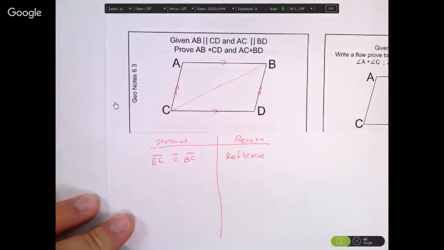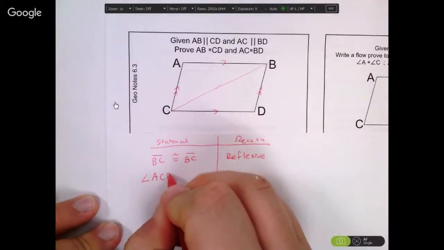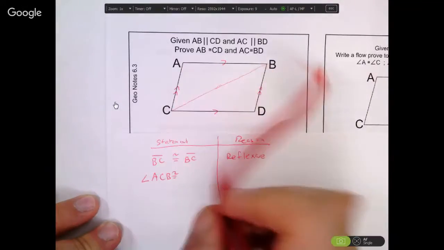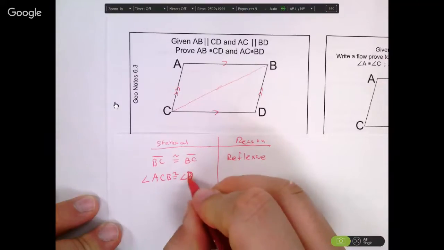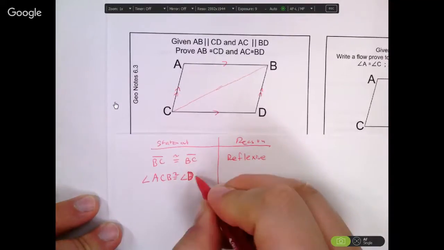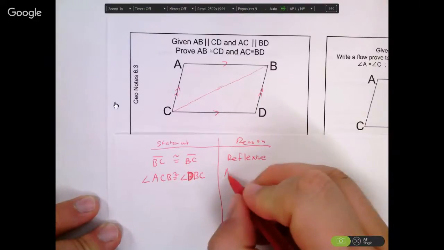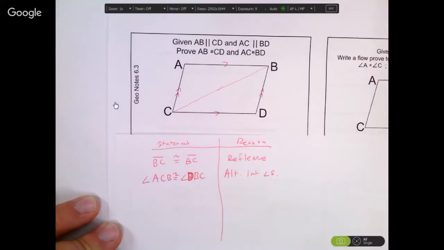Okay. Angle ACB is congruent to angle DBC. That's a D as in dog. Alternate interior angles. Okay.